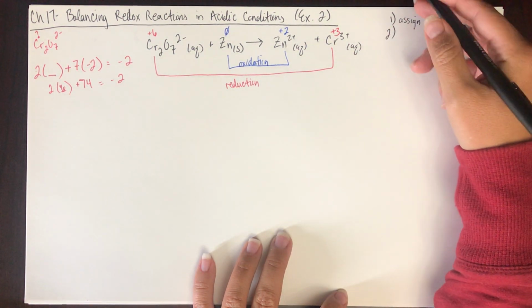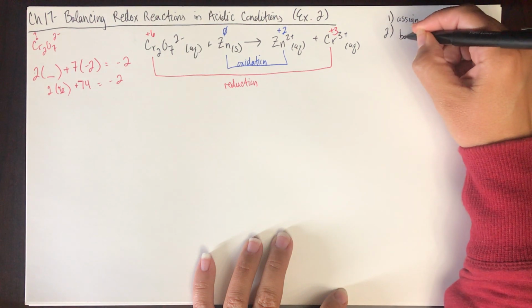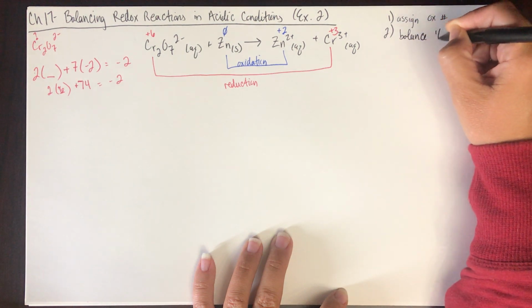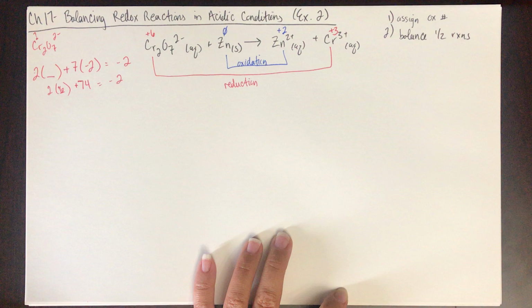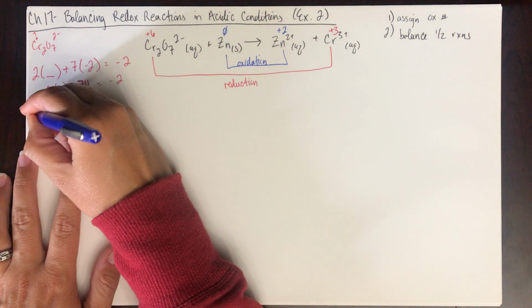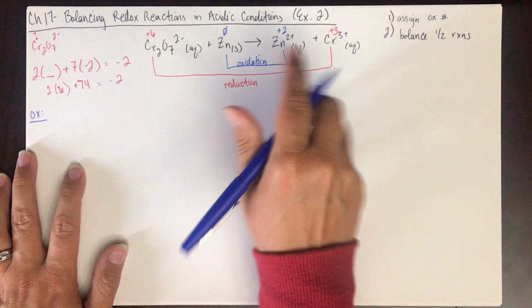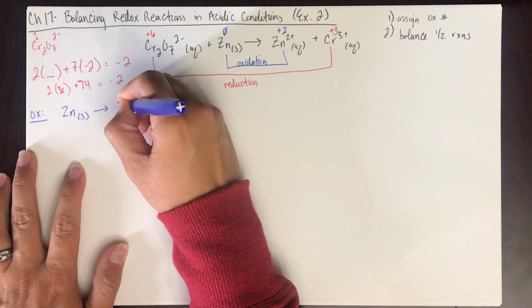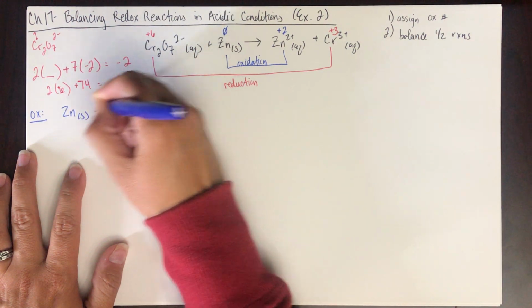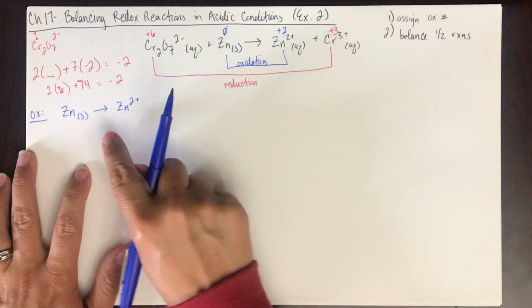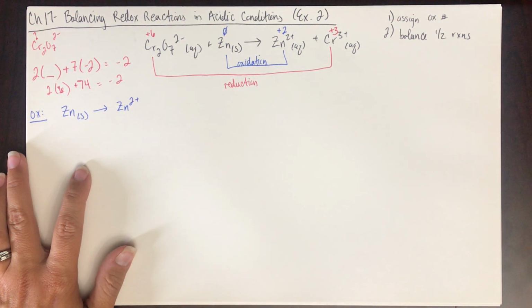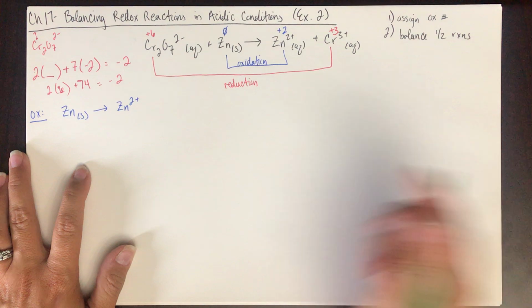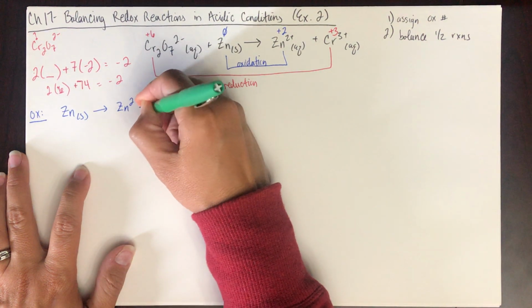Now let's balance the half reactions. Let's do the oxidation one first, because it is easy. I have zinc solid to zinc 2 plus. The only thing I can do to balance with electrons is add electrons to the more positive side of the equation.